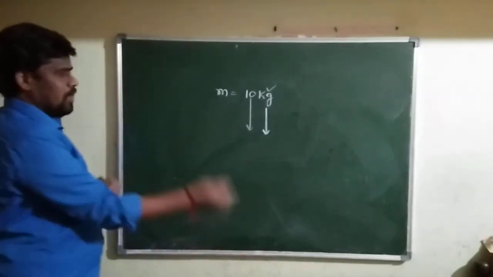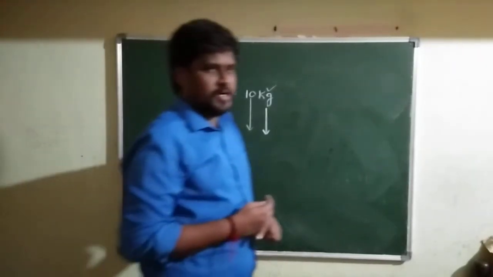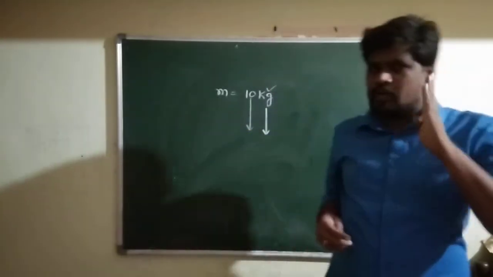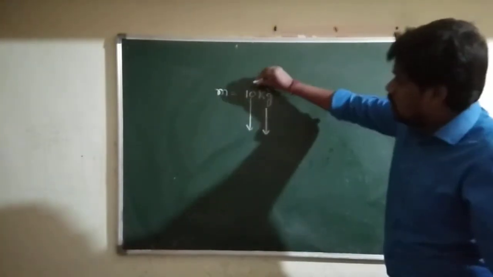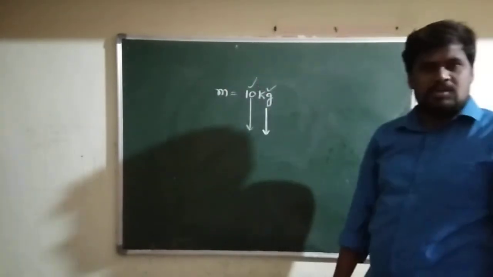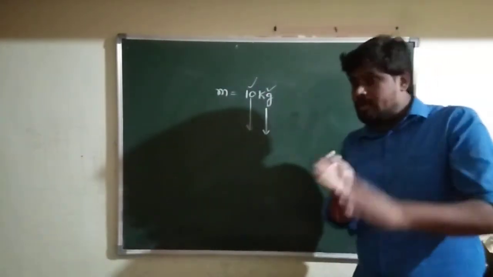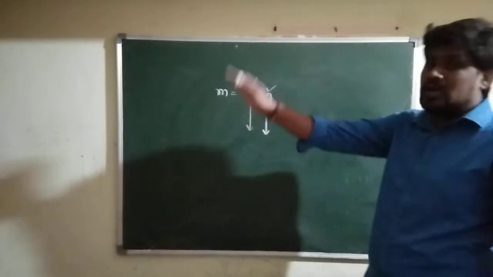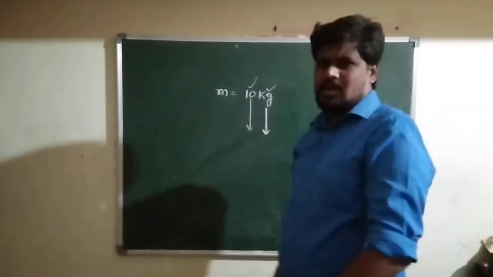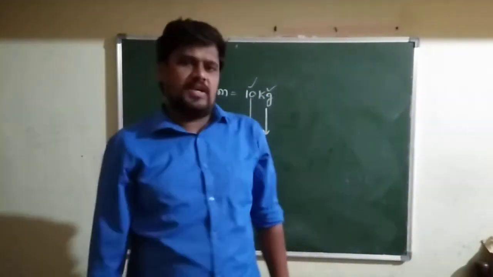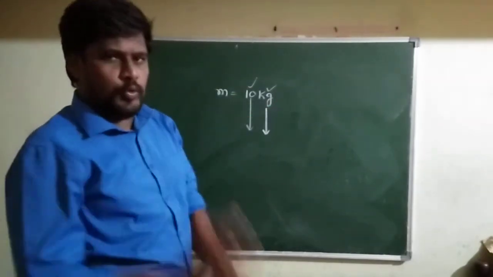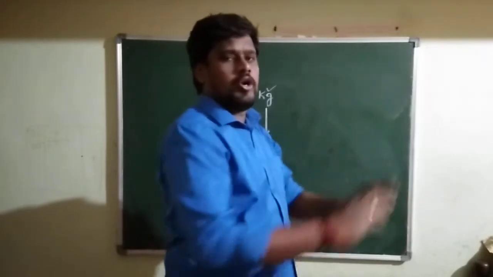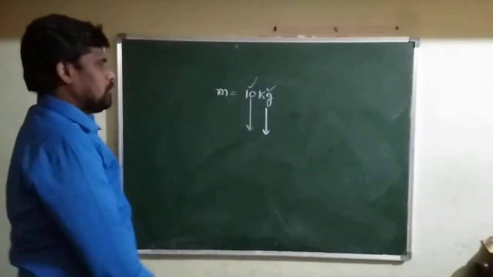Tell me how you represent a measurement of any physical quantity. The first part of any measurement is always the numerical value. The second part should always be the unit of the physical quantity you measure. Let me take one more example. The force acting on a body is 10 Newton, or 2.5 Newton.